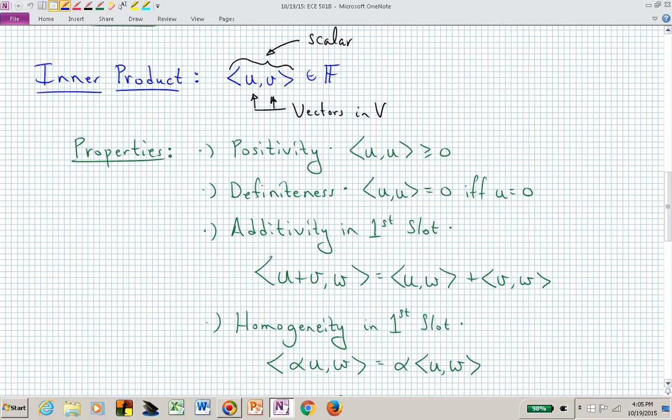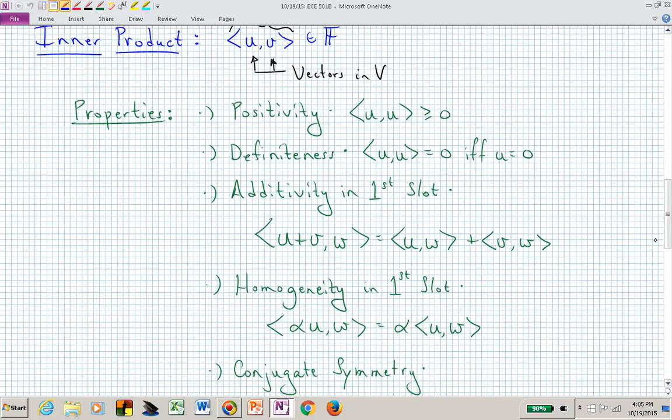That's the definiteness property. We also wanted, or the inner product has, an additivity in the first slot property, which means we can separate that sum in the first slot into two inner products. We also had homogeneity in the first slot, which now allows the scalar to simply slide out in front of the inner product if it's buried inside the first slot as a scalar.